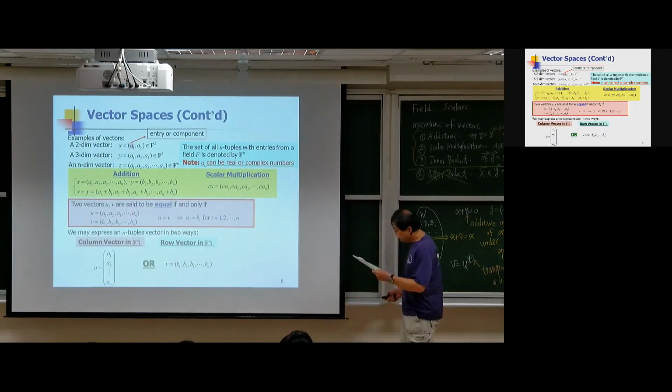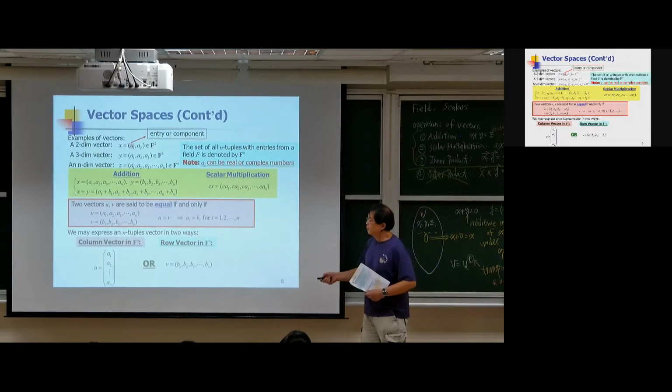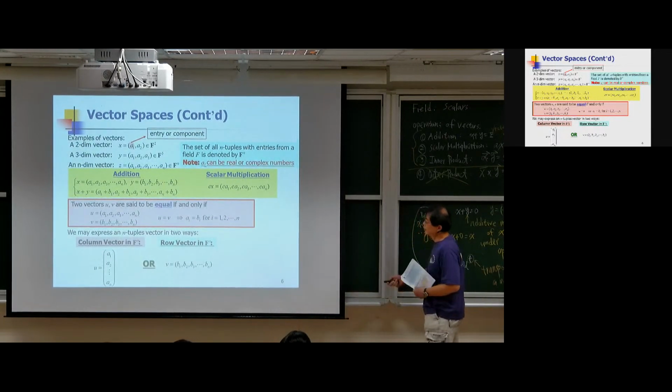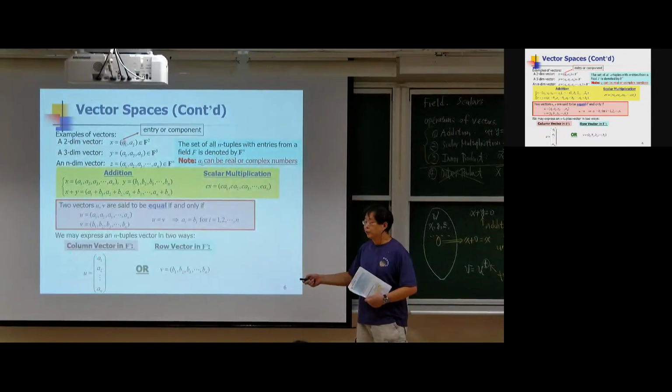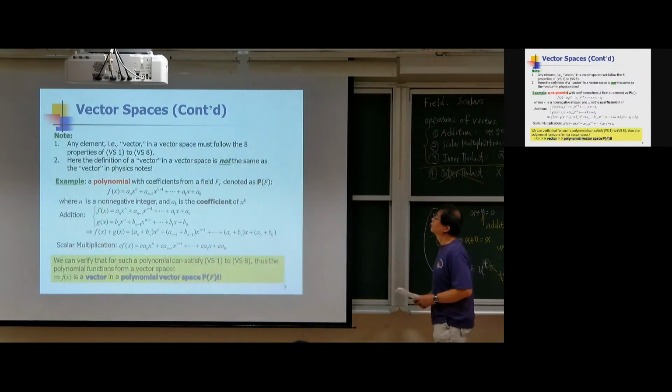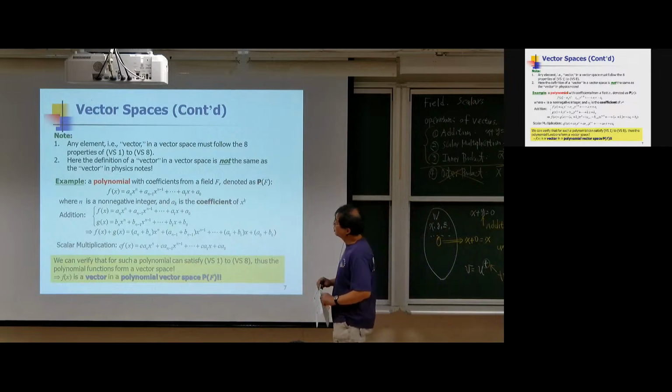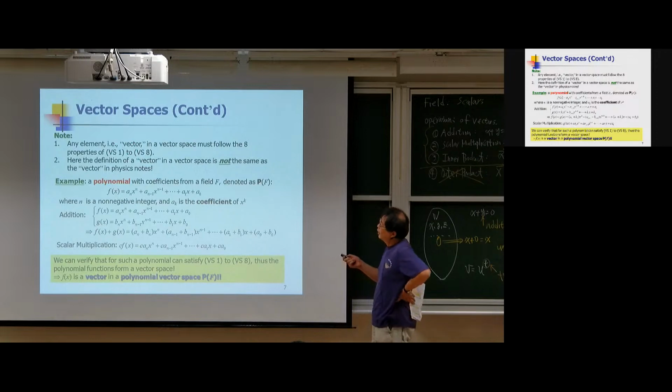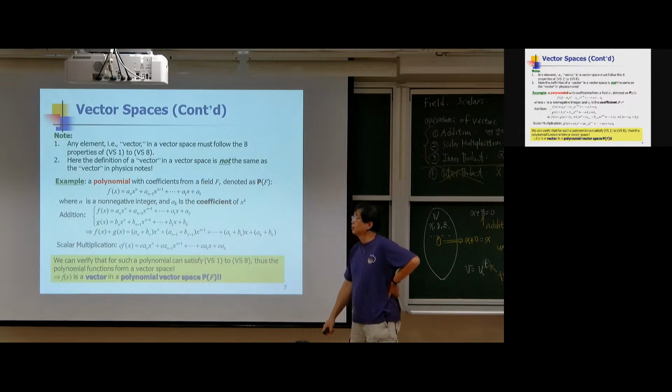Okay, so this vector can be either a real number vector or a complex number vector. Any element we claim as a vector in a vector space must follow the properties VS1 to VS8.